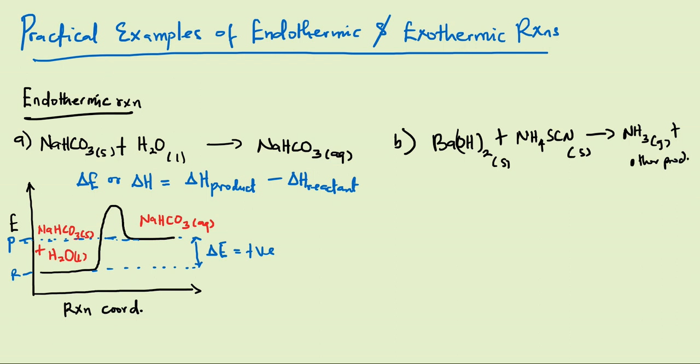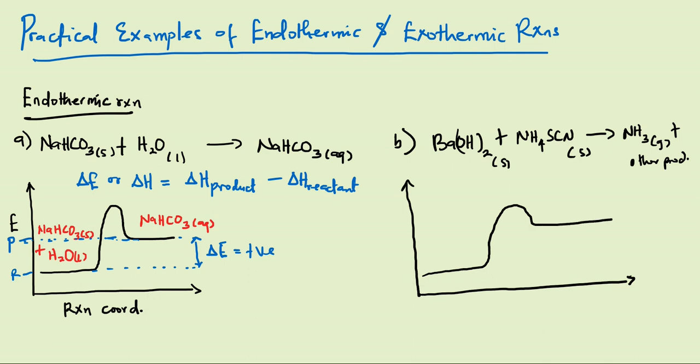Okay, so if we want to represent this in an energy profile diagram, we'll have this that looks like this. And right here we will have the barium hydroxide and ammonium thiocyanate. And right here we'll have the ammonia gas plus other products.